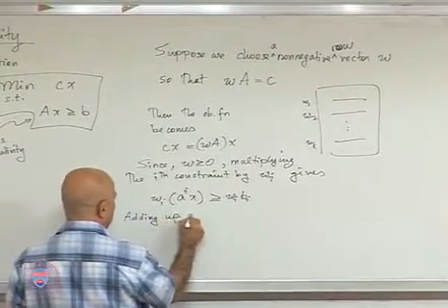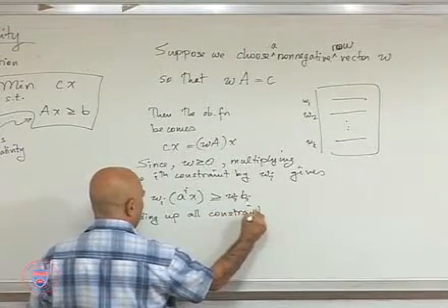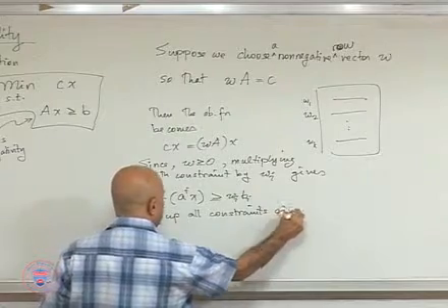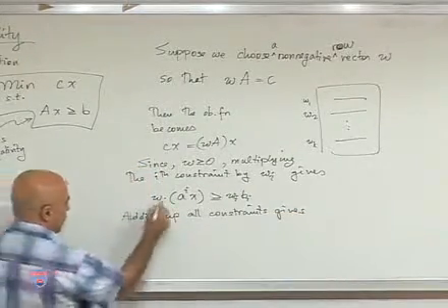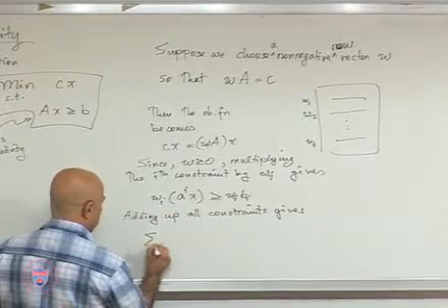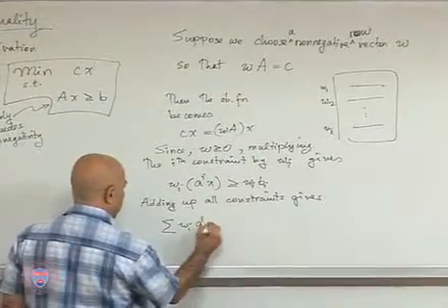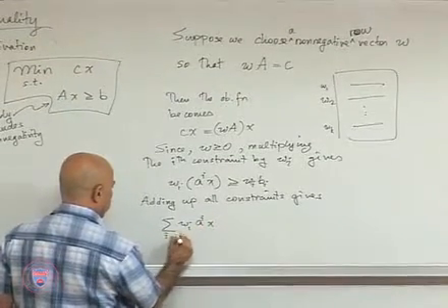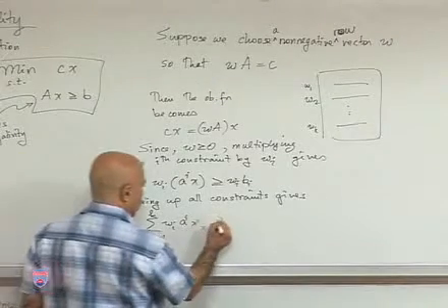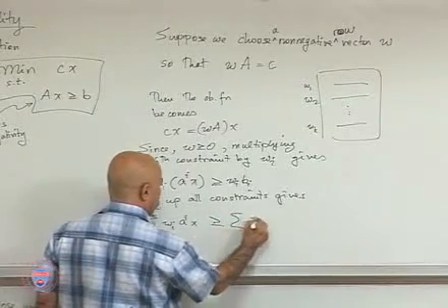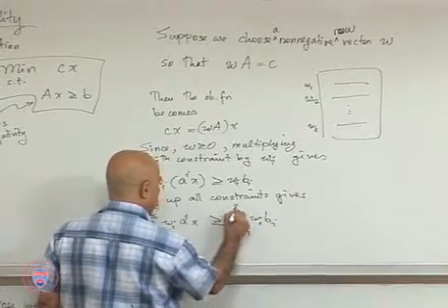Adding up all constraints gives, well, you're simply adding all the constraints after multiplication. So on the left side, of course, we've got Wi times Ai x, i going from 1 to k. We've got k constraints. On the right side, we have Wi Bi, i going from 1 to k again.